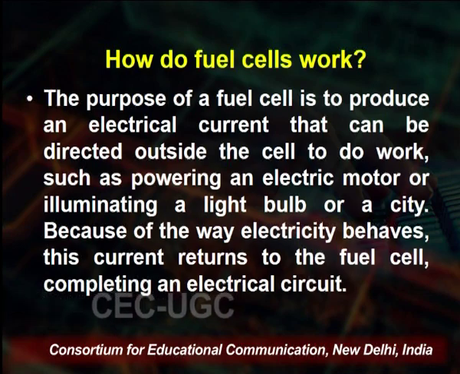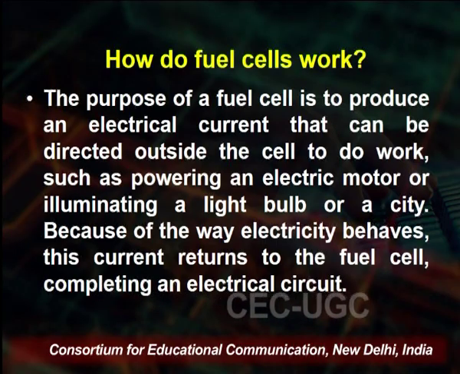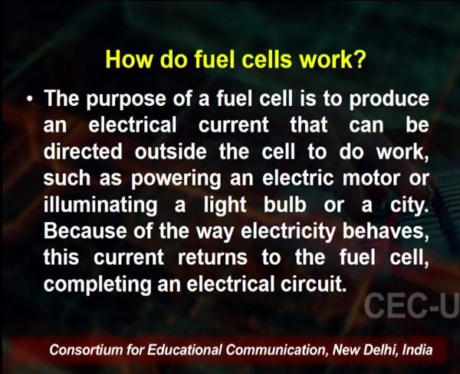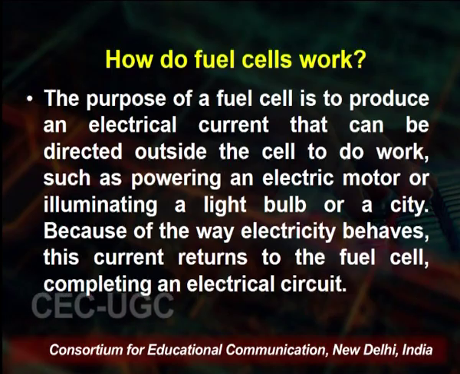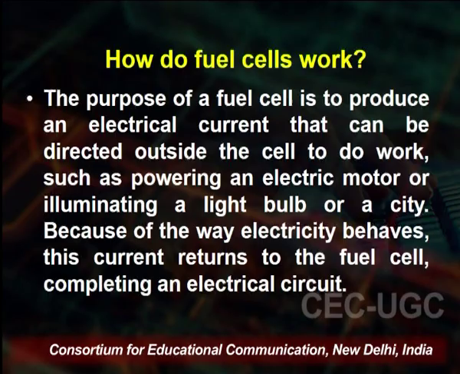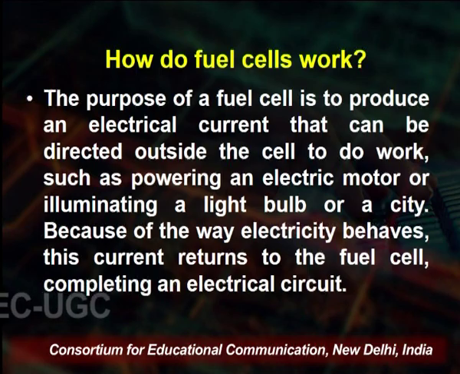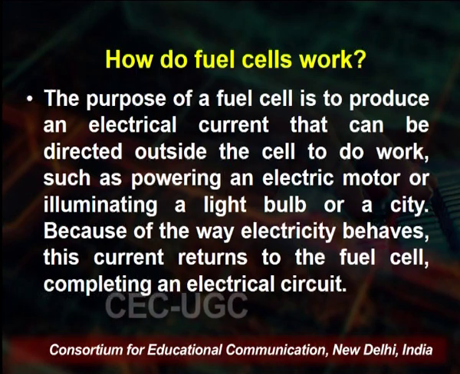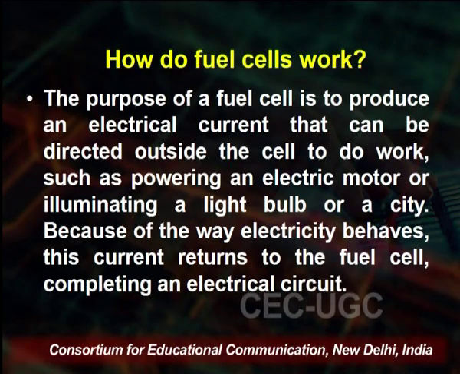Basically, the purpose of the fuel cell is just to produce the electric current that can be directed outside the cell to do work, such as powering an electric motor or illuminating a light bulb or a city. Because of the way electricity behaves, this current returns to the fuel cell, completing the electric circuit.